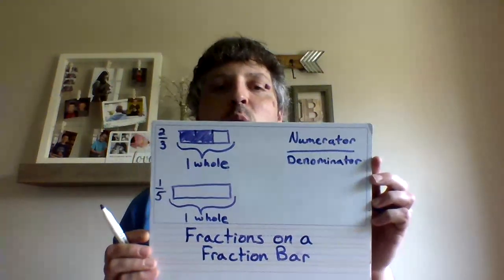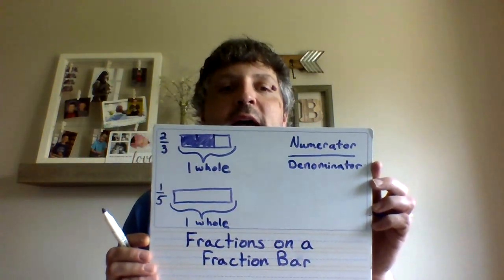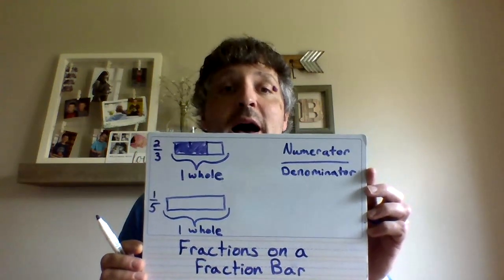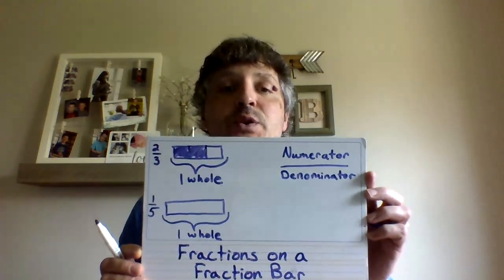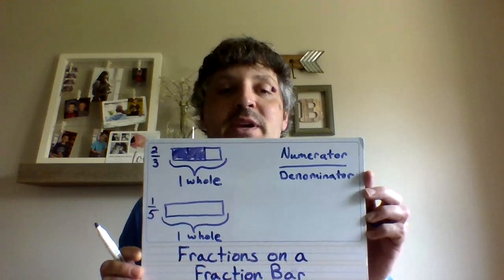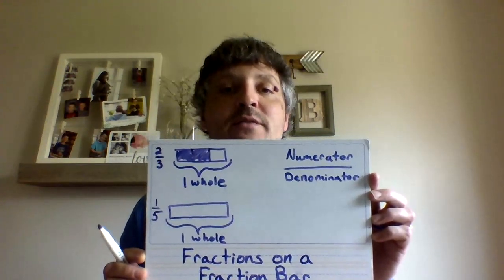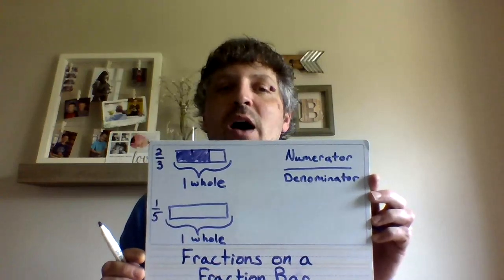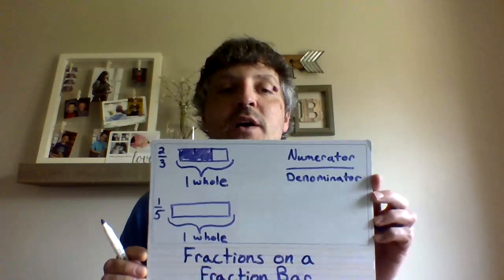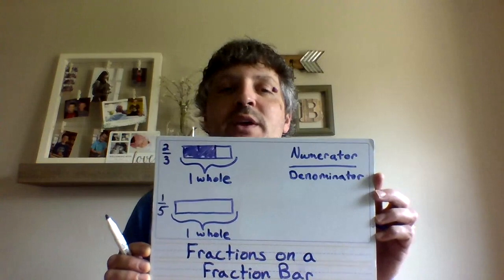Now for 1/5, I have to divide my fraction bar into 5 pieces because the denominator is 5. We're only looking to see how much 1/5 of the whole would be, so I only have to shade in one section.